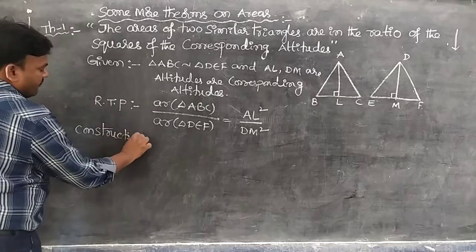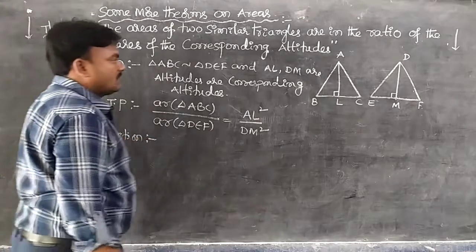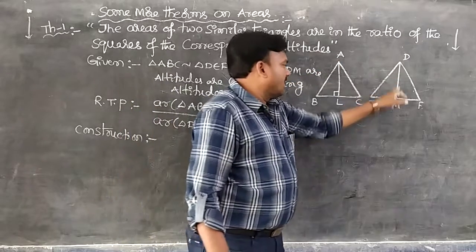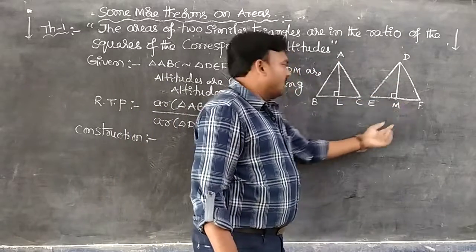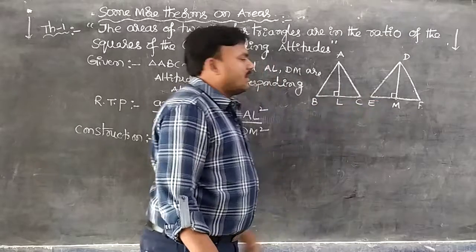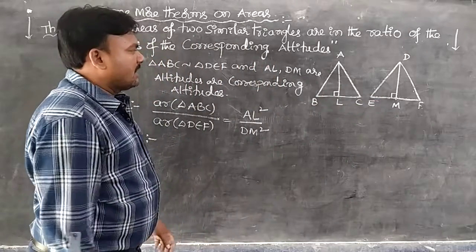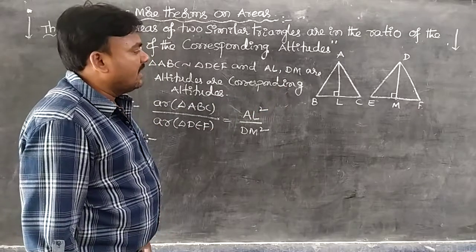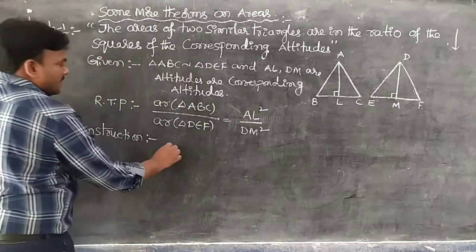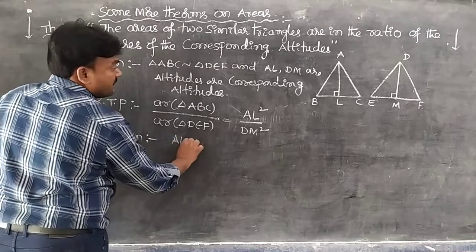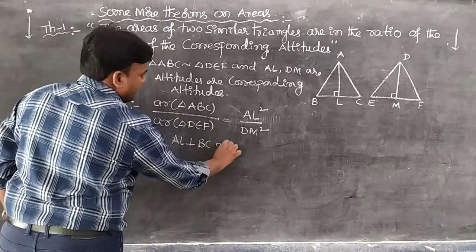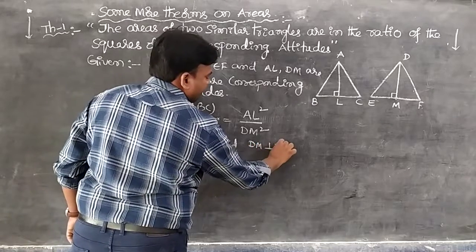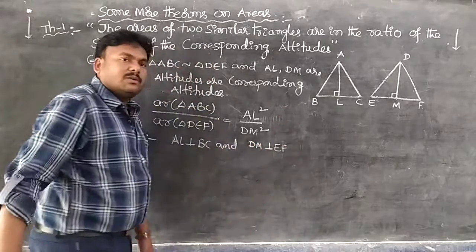Draw AL perpendicular to BC and DM perpendicular to EF, or simply AL and DM are altitudes of triangle ABC and triangle DEF. So AL is perpendicular to BC and DM is perpendicular to EF.